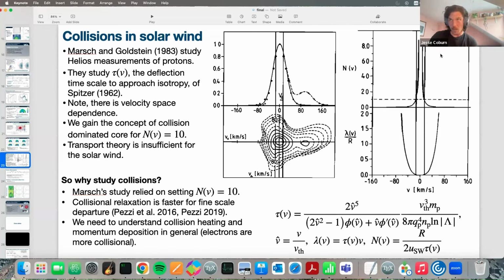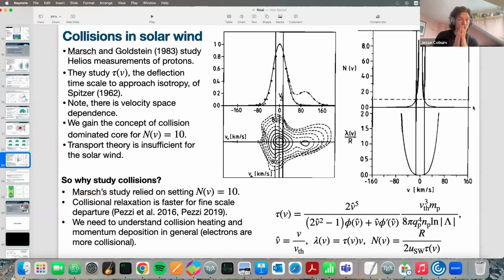Now, I've put it up here, in this plot, it's this black line here. And what this black line is doing is at the core, it's very, very large, and then as you move away, it gets smaller and smaller. And so this is the velocity space dependence of the collisional operator.